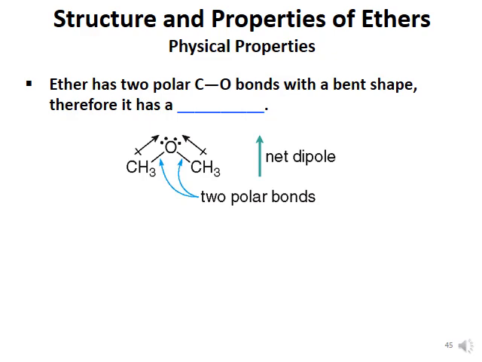Physical properties of ethers. They have 2 polar bonds and a bent shape, so therefore it has a net dipole. And we consider it a polar molecule because it's got one side that has a partial negative and one side that has a partial positive.